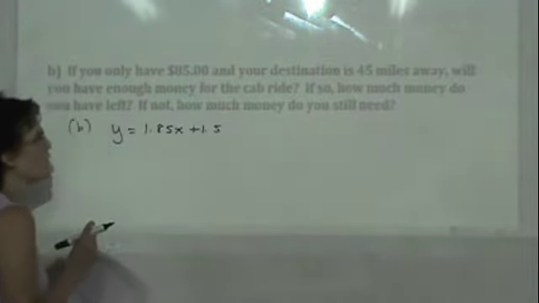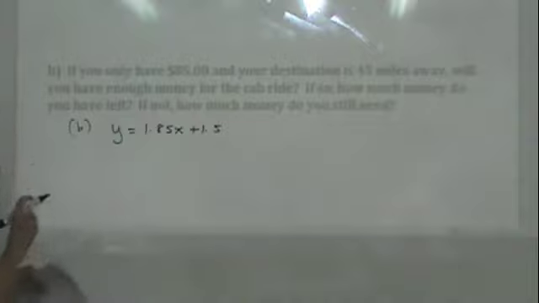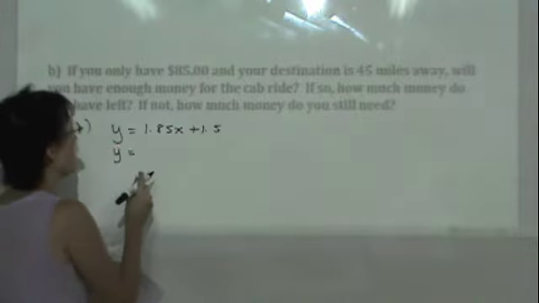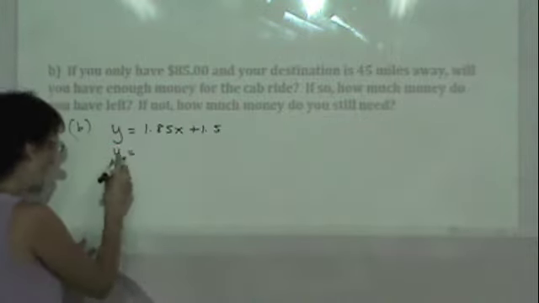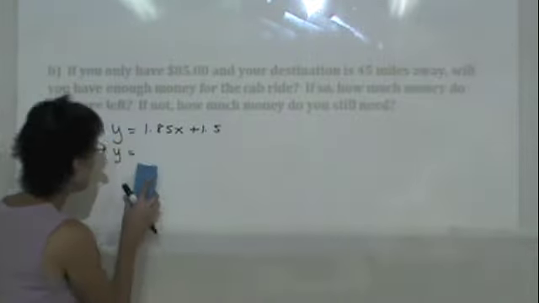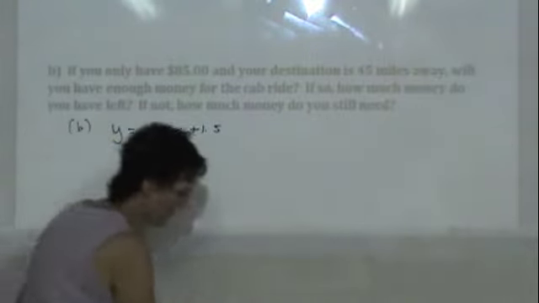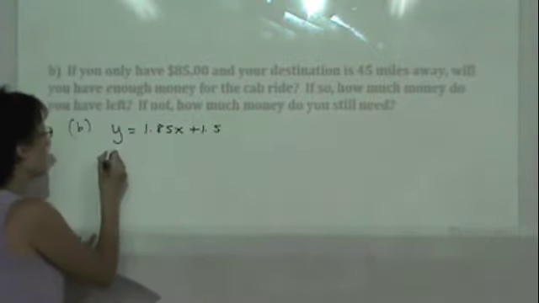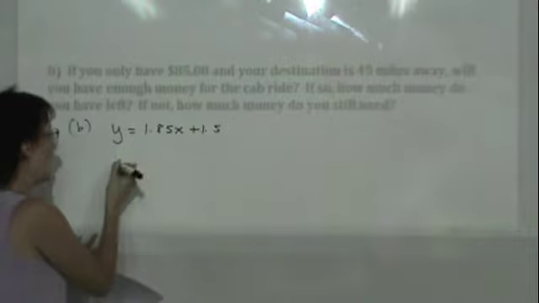Okay, so you want to see if you're going to have enough money. So you have y equals, that's how much money you have, so you can actually put that right in. So this is actually 85.